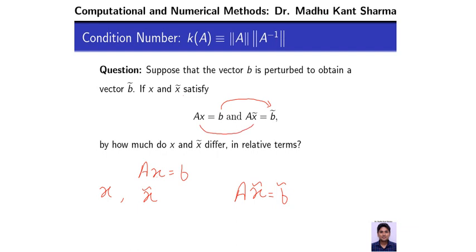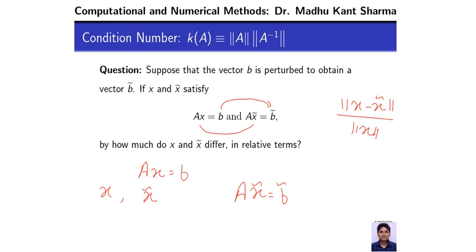Then by how much do X and X tilde differ in relative terms? That means you need to find bounds for norm of X minus X tilde divided by norm X in some sense. This X is a vector in R^n. For this norm you are going to use only a subordinate matrix norm, because the condition number is defined for subordinate matrix norms.